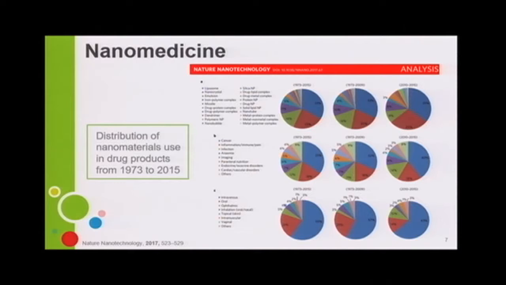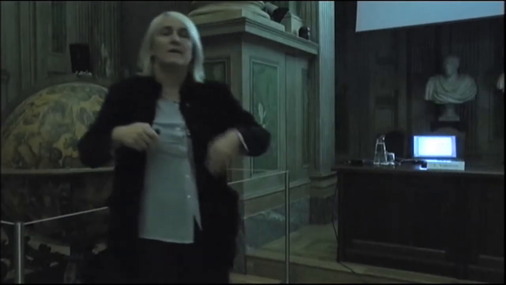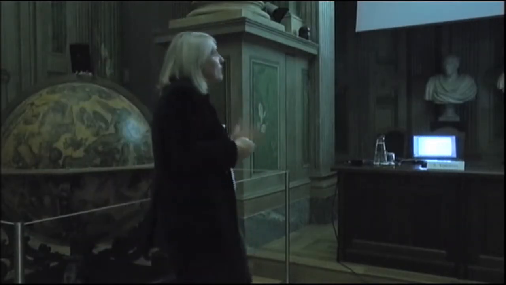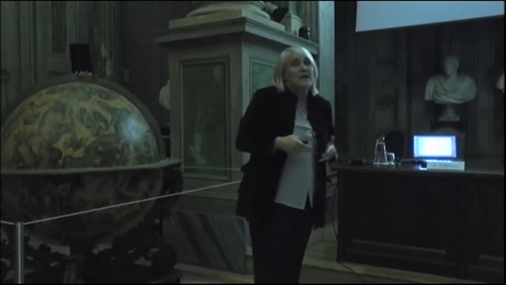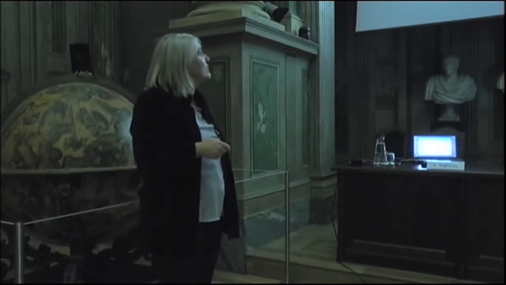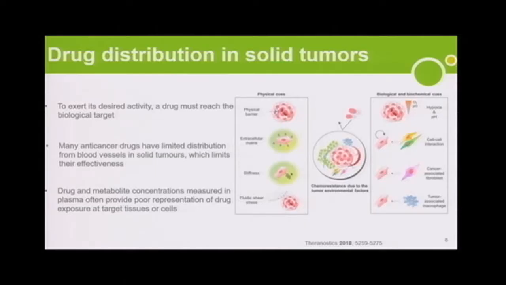And the disease that is most studied from the nanomedicine point of view is cancer, because one of the problems in cancer therapy is that the drugs sometimes do not arrive to the tumor directly, and so we have to comprehend and try to enhance the permeability and the diffusion of the drug in the solid tumors.